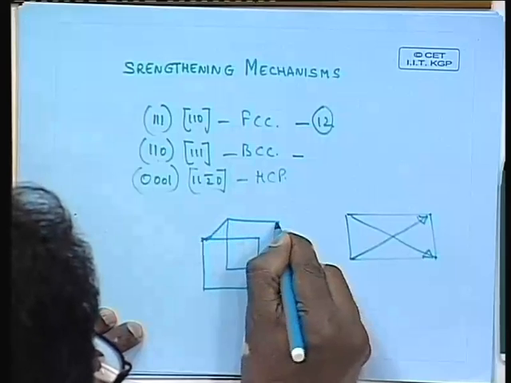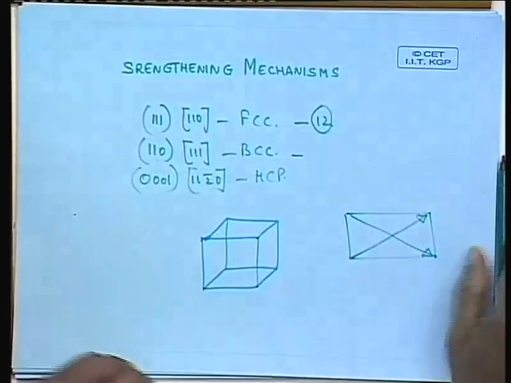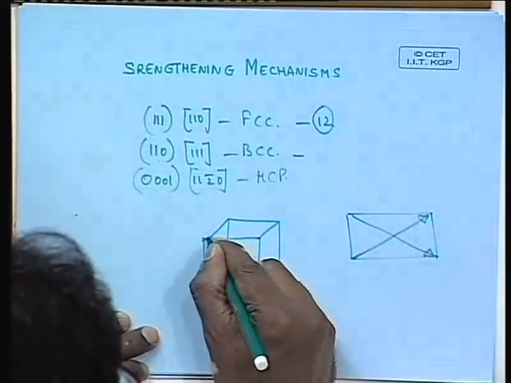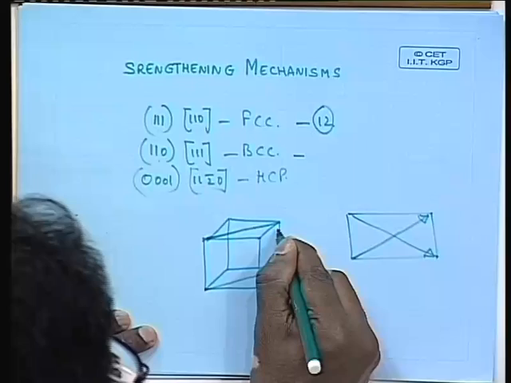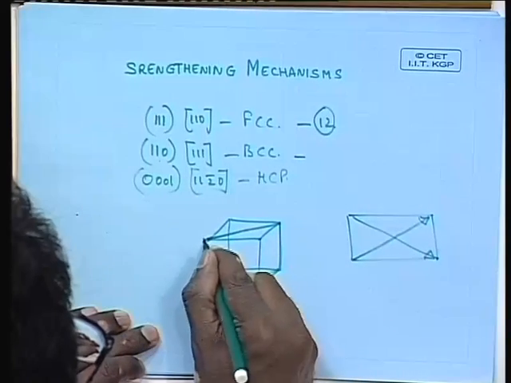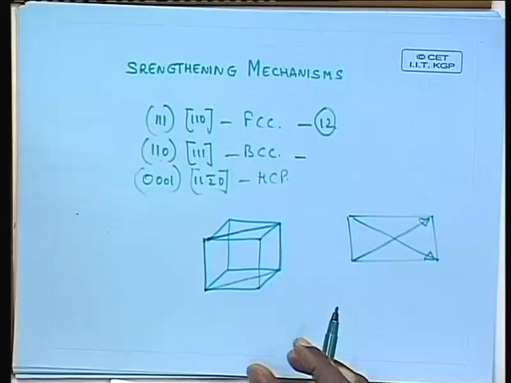If this is the unit cell that I am looking at, the 110 plane is nothing but this plane, isn't it? What are the 111 type of directions which are contained in this plane?